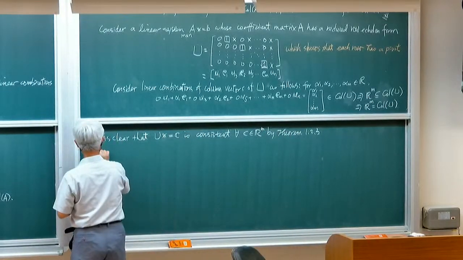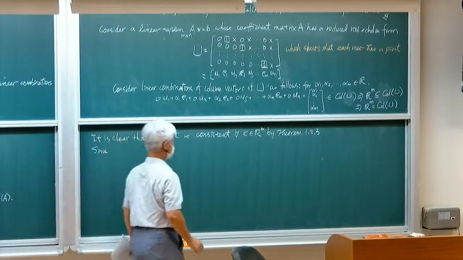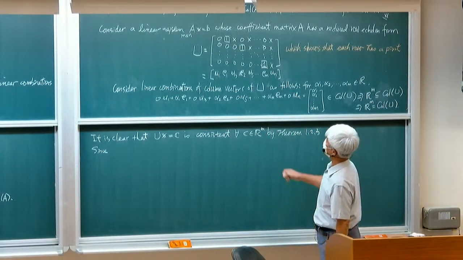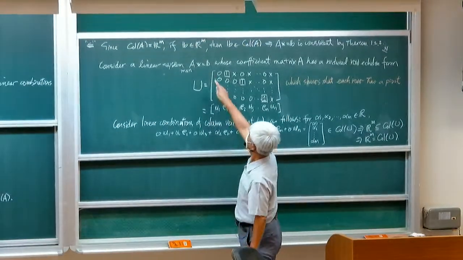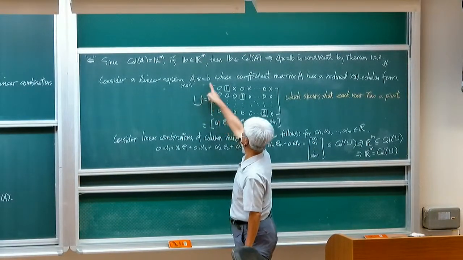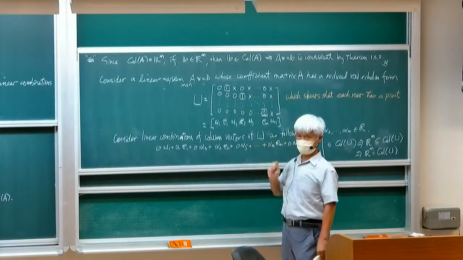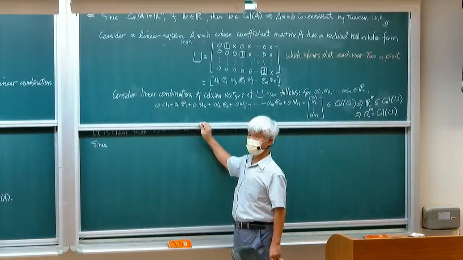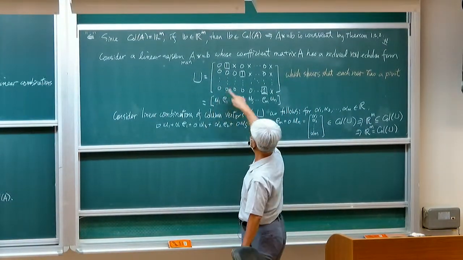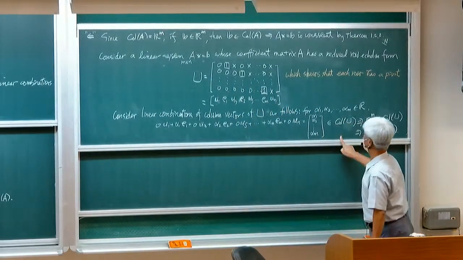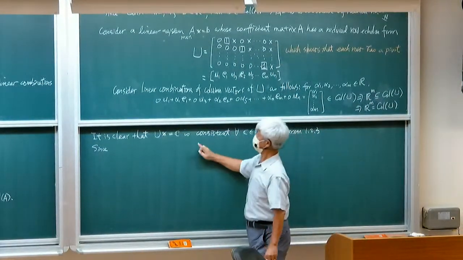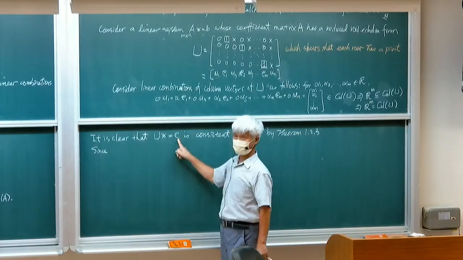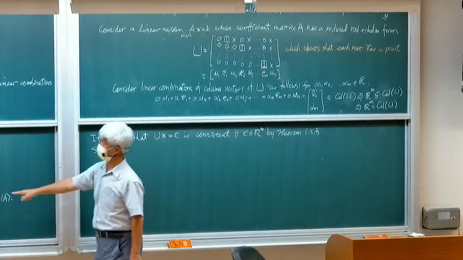Now, I just told you that this original linear system is also consistent for arbitrary B. Why? Because this fact just reveals that such a linear system is consistent for arbitrary C, right? From this theorem.